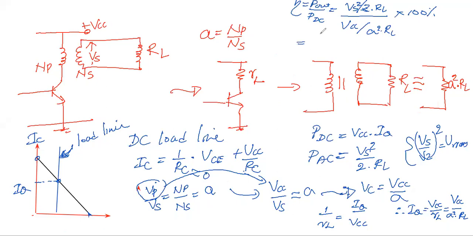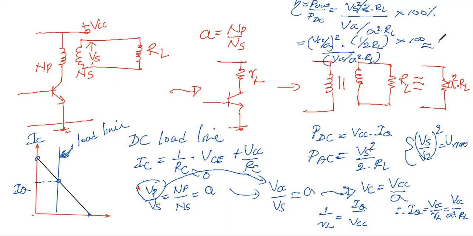If you solve this one, Vs you can substitute using the VCC value, VCC divided by A squared into RL.